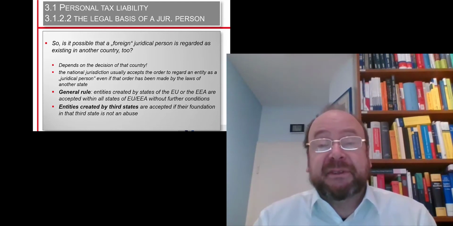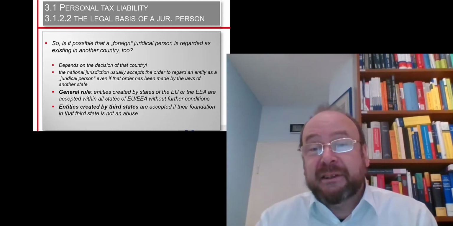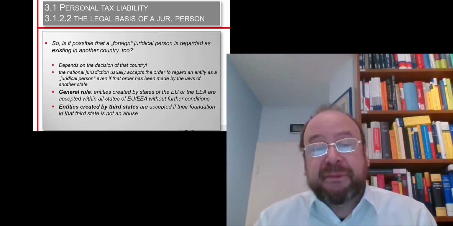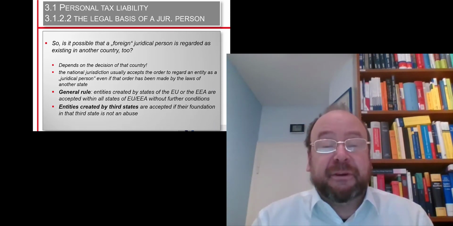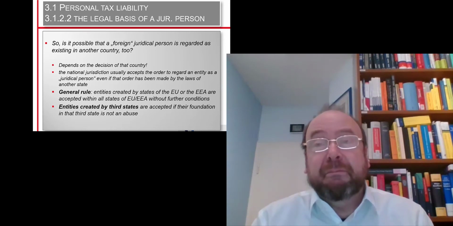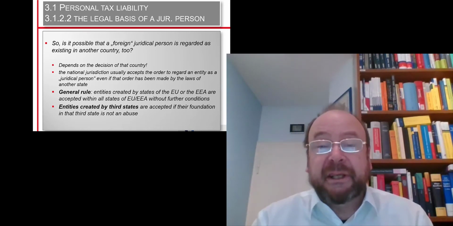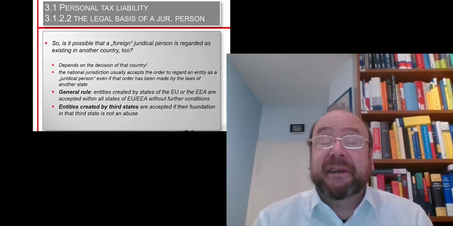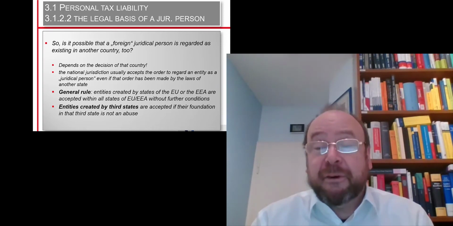And states like Germany, who want to prevent abusive behavior, say we accept the existence of every foreign company if the major economic connection exists to that foreign state, especially if the place of management or the headquarters of that company exist in that foreign state.